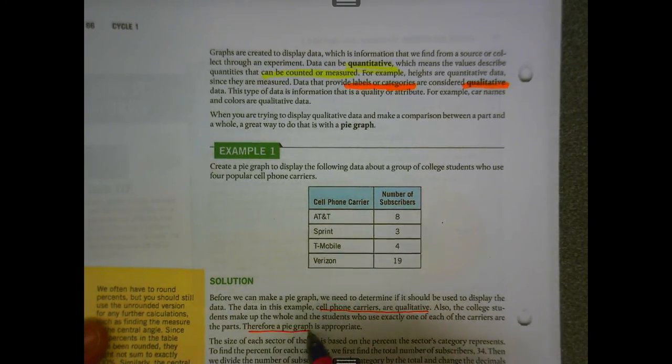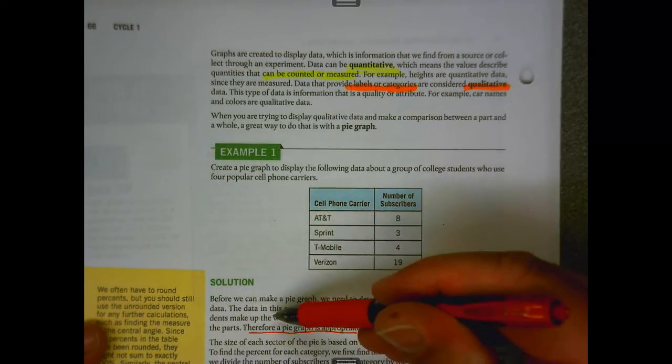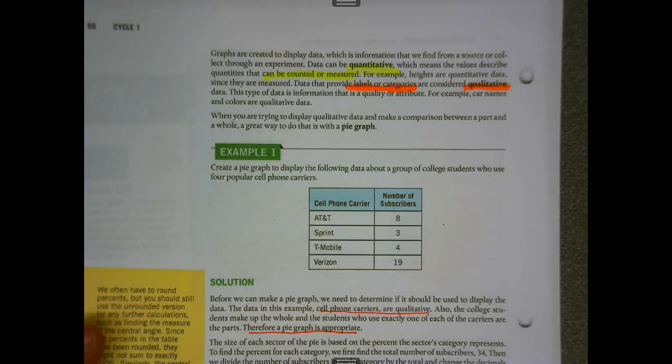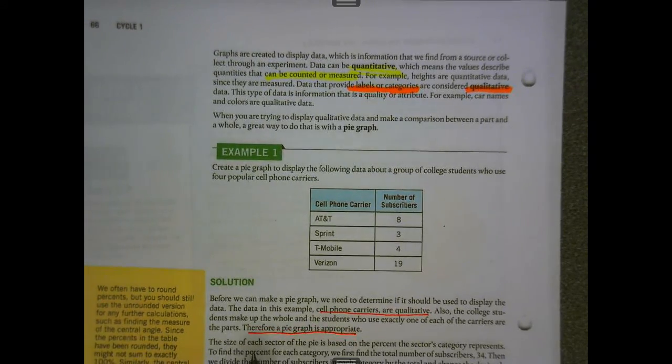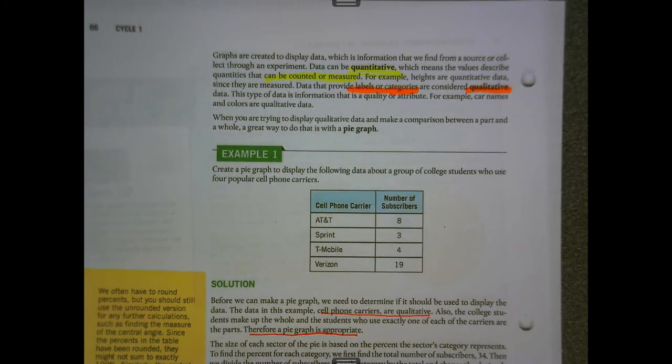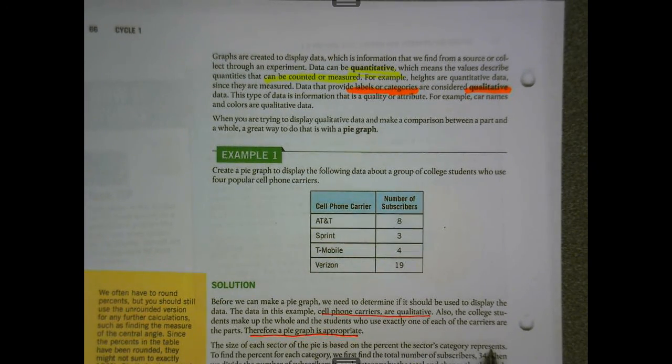When we define a sector of the pie chart, it is based on the percent of the sector's category it represents. We're going to be doing this by hand, so it's not going to be exact, but we are going to be pretty close.